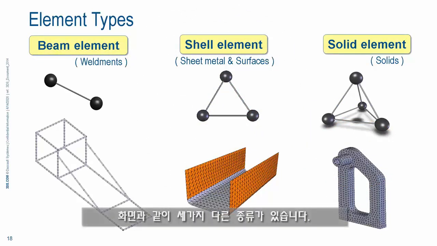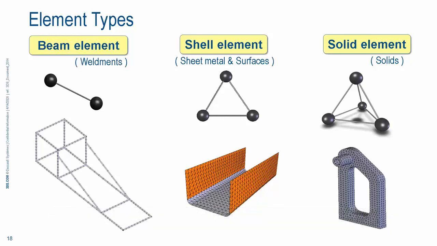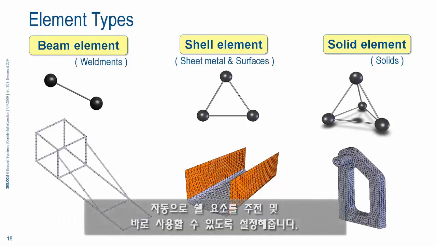And we have 3 different types. We have beam elements, good for use for weldments, for welded parts, for welded beams. We have shell elements used for thin parts, good for sheet metal and surfaces. So if you have a sheet metal part, it will automatically recommend and set the setting to use the shell element.